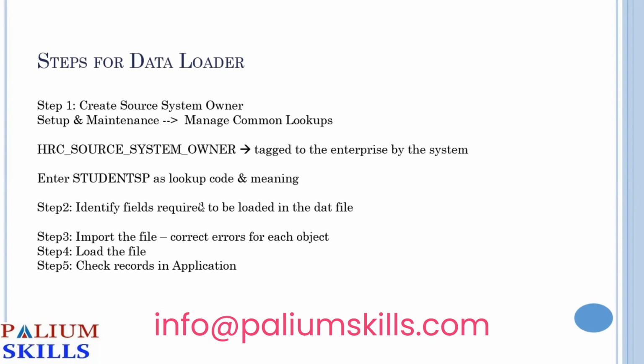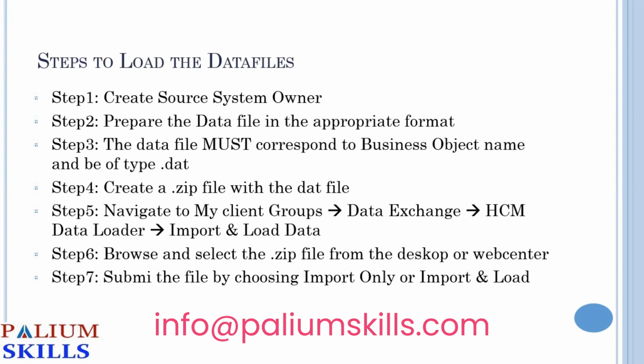Then identify the fields that are required to be loaded in the DAT file. And then we run the import file and then load the file and check records in the application to confirm that the data has been loaded. So these are largely the steps to load the data file.